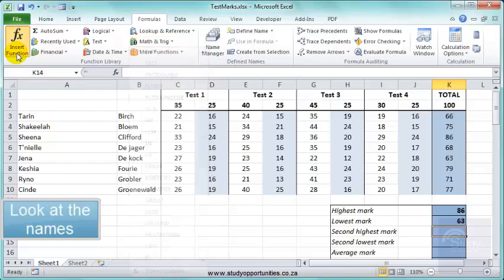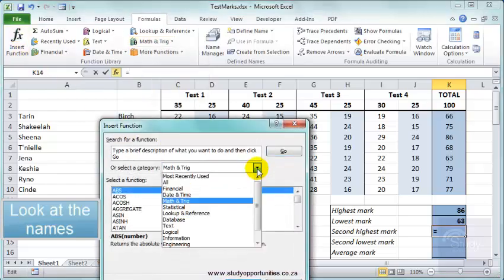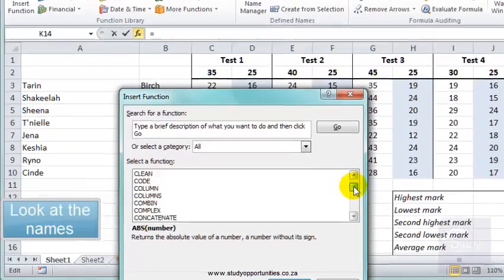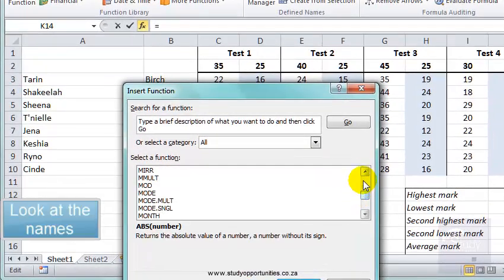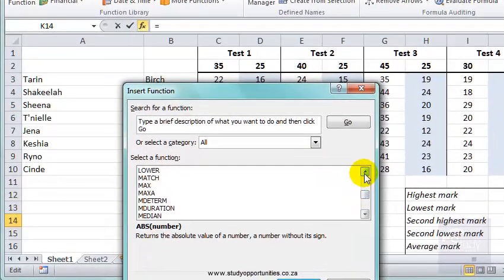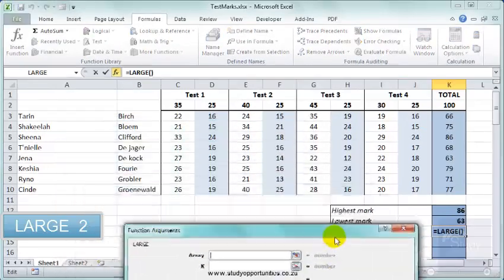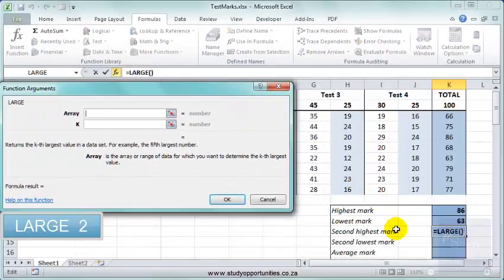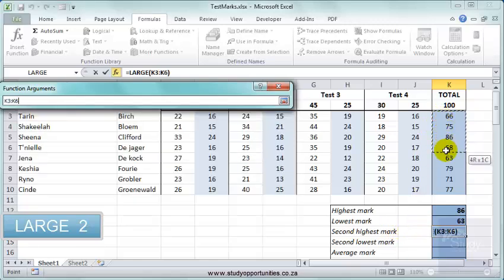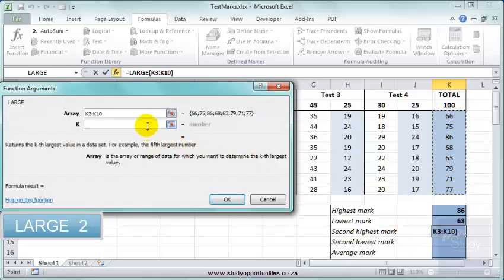I'm just going to go to insert function, and it's called large. Large, okay, large what? I want it to be large of that range, and I want it to be the second highest.